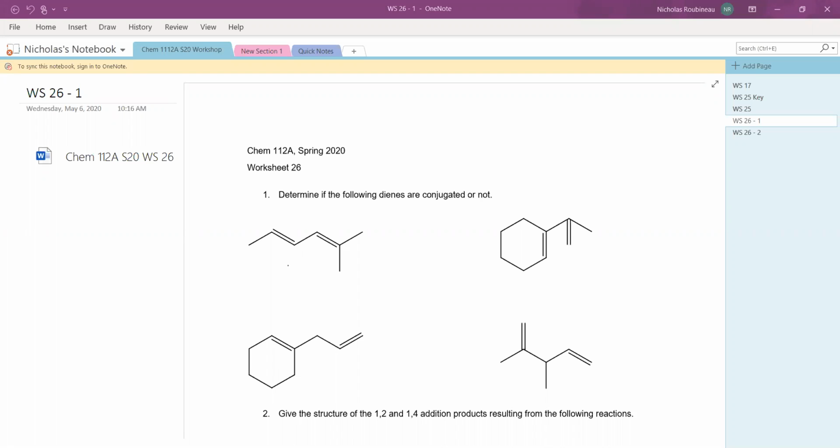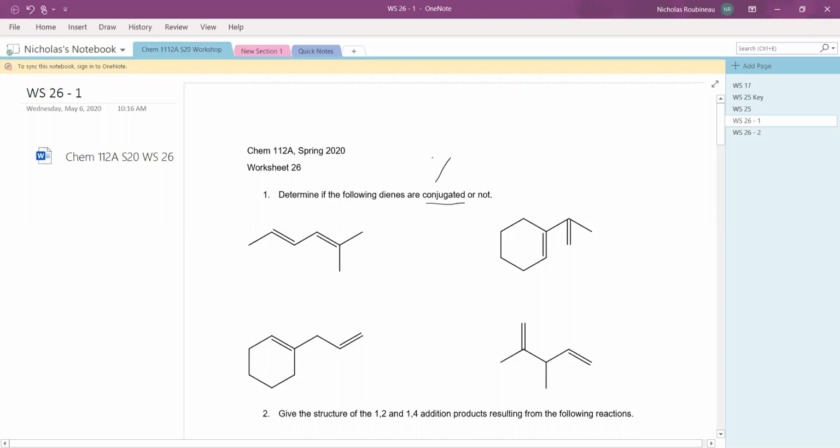So number one is just asking to determine if these molecules are dienes or if they're conjugated or not. Can anybody describe what it means to be conjugated? Alternating single and double bonds.